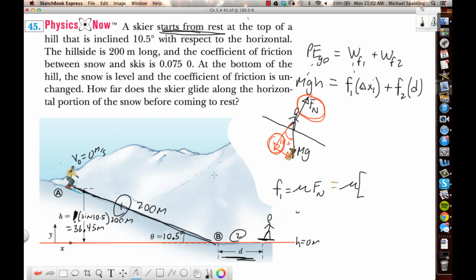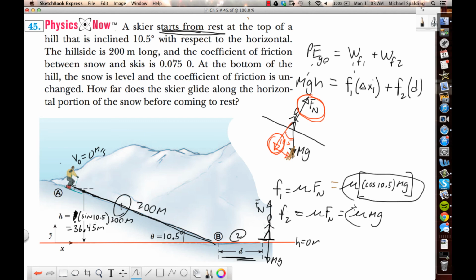The normal force for friction 1 is going to be cosine 10.5 times mg. Okay, what's friction 2 going to be? So friction 2 is when he's down here on the flat part. We got mg straight down, normal force straight up. So what's the normal force when he's on the flat part? It's mu Fn, but that's just going to be mu mg. So these are the frictions. Friction 1 is this. Friction 2 is this.